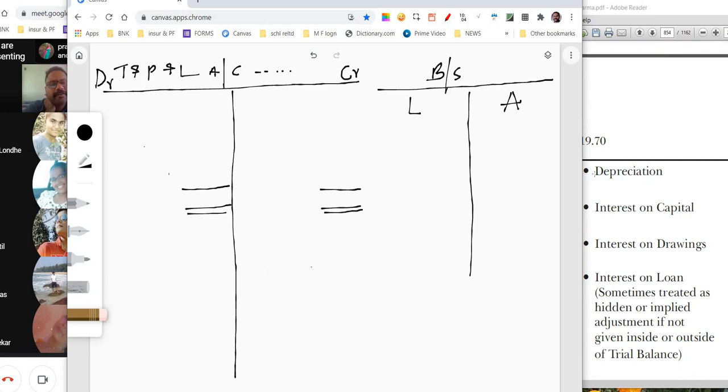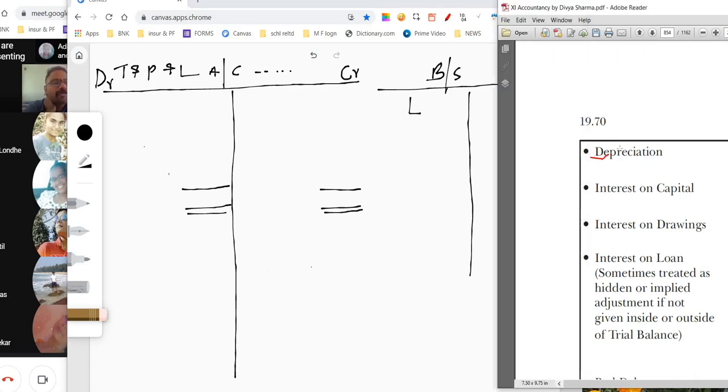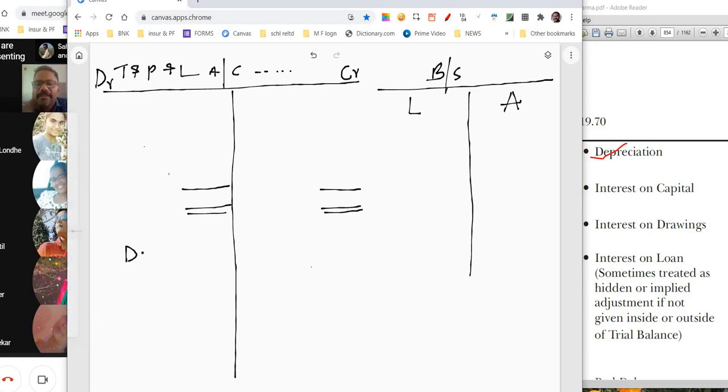Depreciation. Tell me. Profit and loss account, debit side. Very good. How? Like this. There can be 2, 3, 4 depreciations sometimes, or a single one.